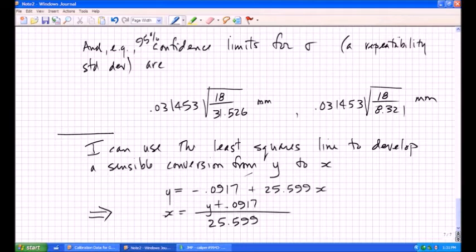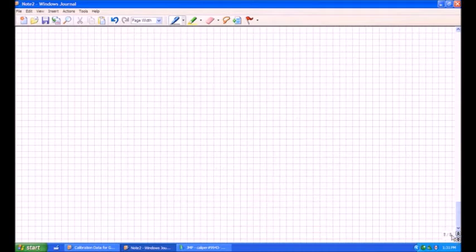And even though I'm now working here in two different units, x is in units of inches and y is in units of millimeters, here's a way to go from y to x's. So you might call that a calibration equation.